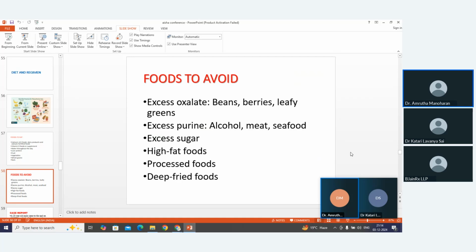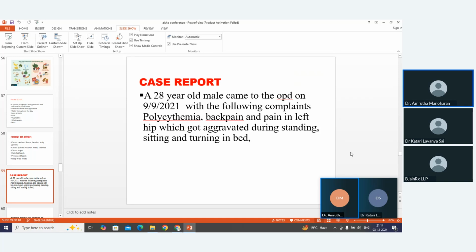So this was the blood report on 23rd May 2021. Hemoglobin level is about 17.4, and the peripheral smear shows polycythemia. Past history of back pain, allopathic medication.